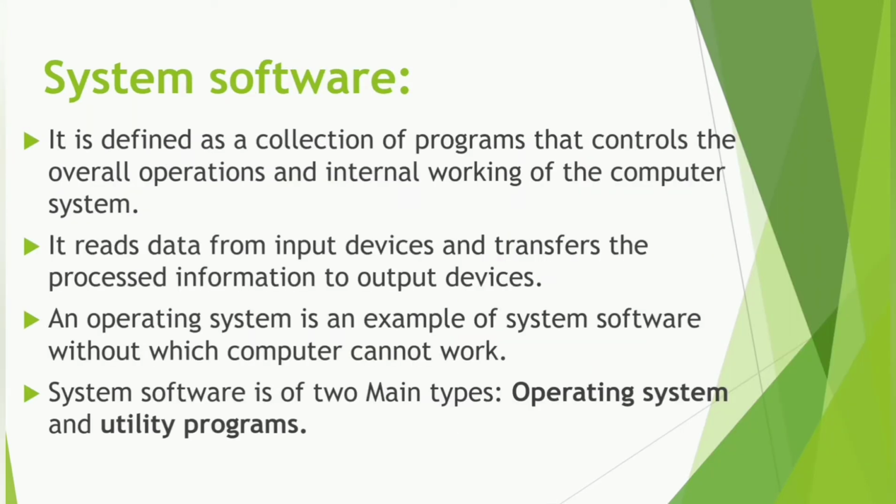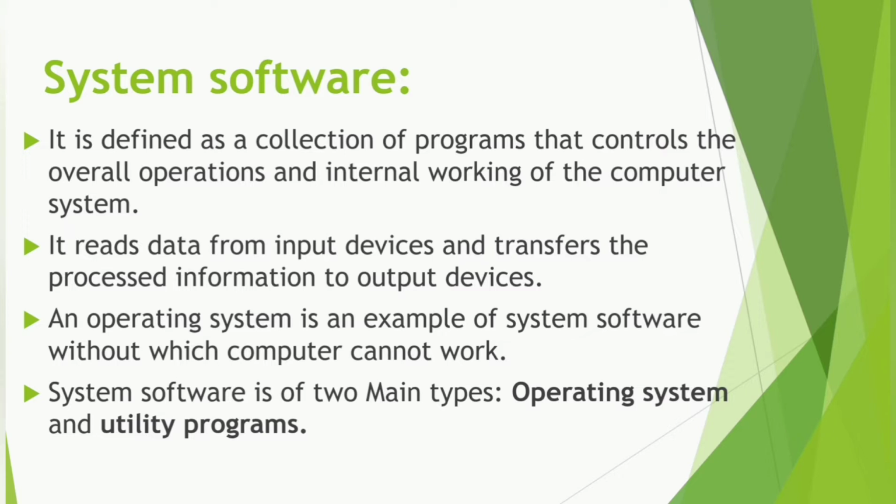Now let us understand what system software means. System software is defined as a collection of programs that controls the overall operations and internal working of the computer system. How does it work? It reads data from input devices and transfers the processed information to output devices.